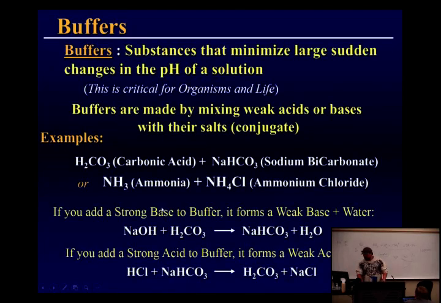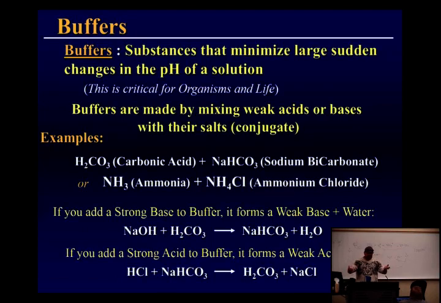So let's say that we have hydrochloric acid, which is found in your stomach, a strong acid, and we add sodium bicarbonate to it. That will produce carbonic acid, which is weak, right? I mean, if I asked you to drink, here's a bottle of hydrochloric acid, and here's a soda, pick one, which one would you drink?